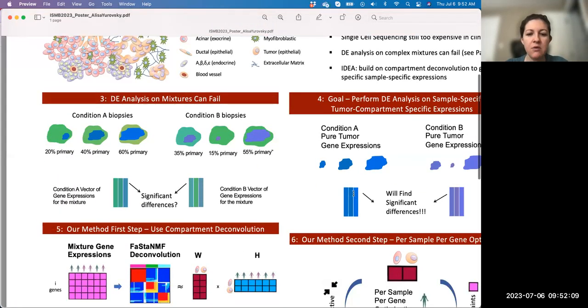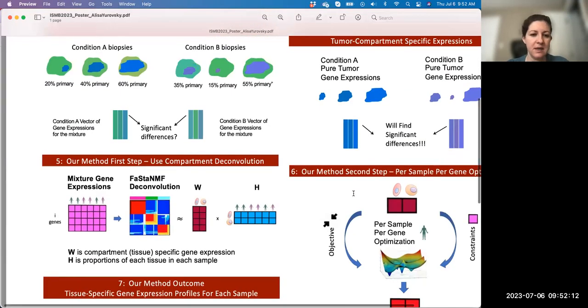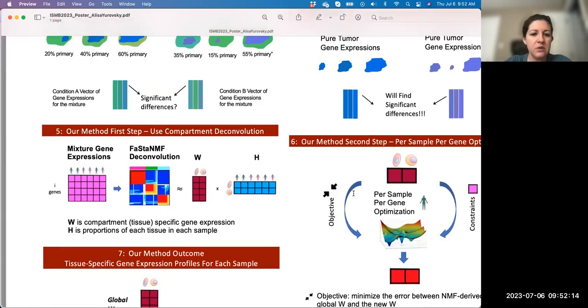So now for our approach, you can see in panel 5, we are using standard compartment deconvolution. Specifically, we're using a variant of non-negative matrix factorization. Our variant is called FASTA NMF, and it's going to appear in TCBB this year. So very briefly, you start with a mixture of gene expressions.